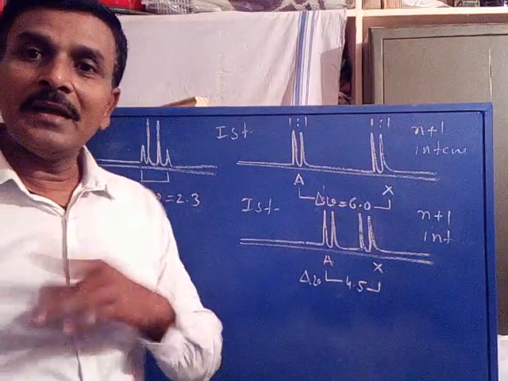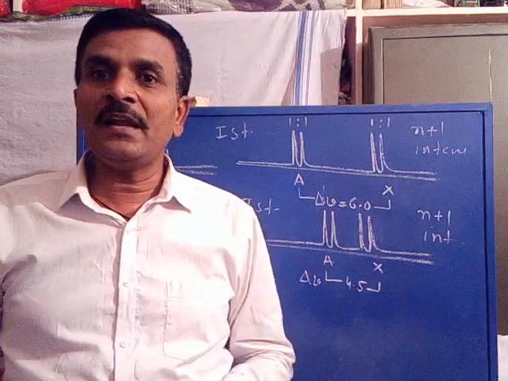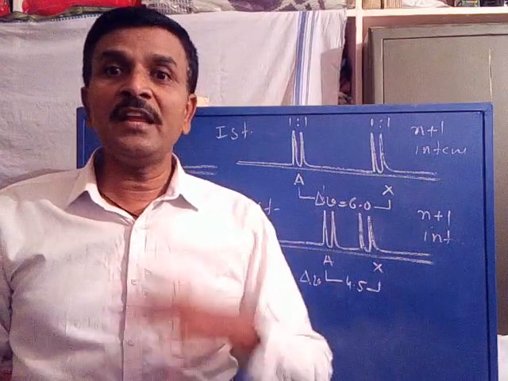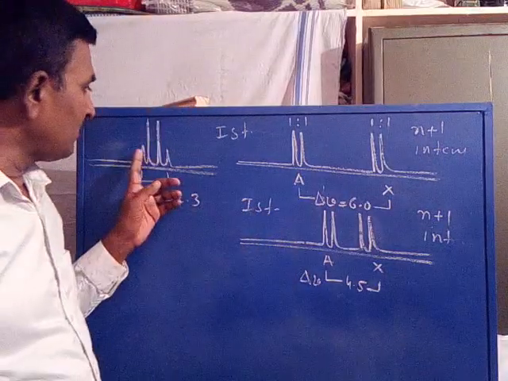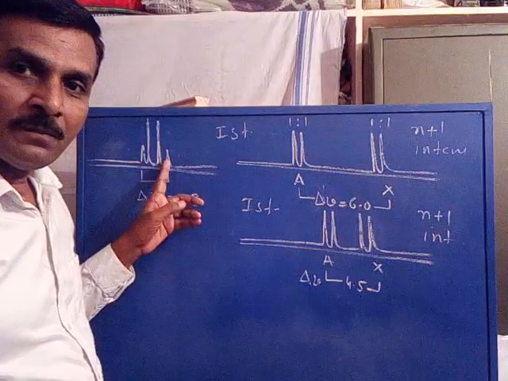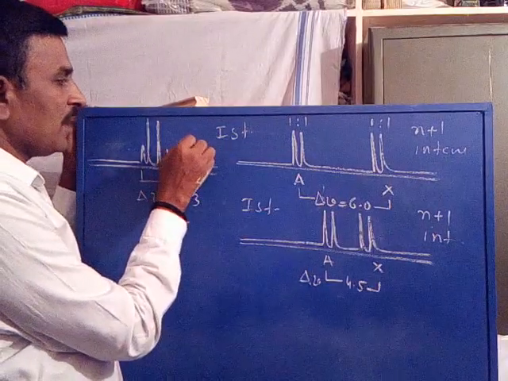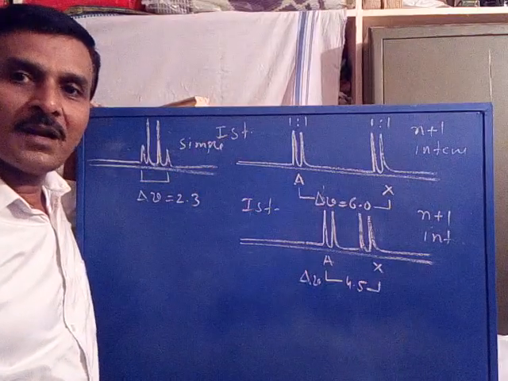That means the intensity is no longer symmetrical. That is, the symmetry of the intensity is lost due to the decreasing frequency difference between these two. Now when the signals do not appear as 1:1, that means what? A simple intensity rule is not applicable.